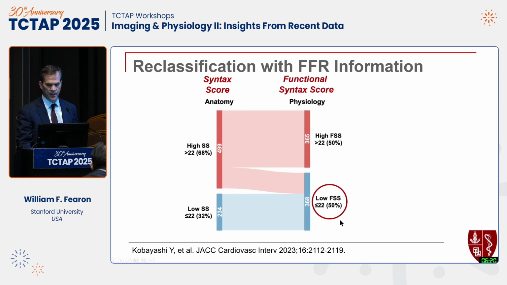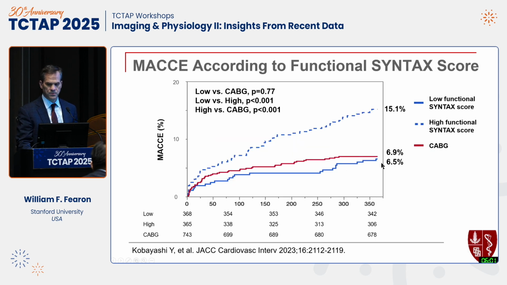One way of doing that is by incorporating the functional SYNTAX score, where you take into account the FFR information, and if FFR was negative, you subtract that vessel from the SYNTAX score. You can identify 50% of the population that had a low functional SYNTAX score, and the reason this is relevant is that if you look at the 1-year outcomes of death, MI, stroke, or repeat revascularization, in the low functional SYNTAX score group, they're identical to the CABG group.